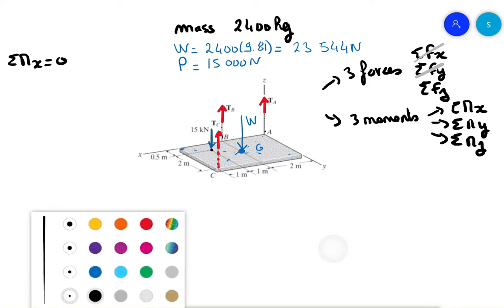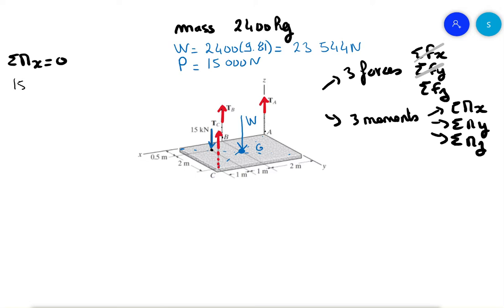Okay. So what do I have on X? So we have the 15 kilonewton, this one, that tends to rotate in the negative direction about the axis X. So minus, and the perpendicular distance is 0.5. We have the weight that tends to rotate in the negative direction, so minus the weight, 23,544.